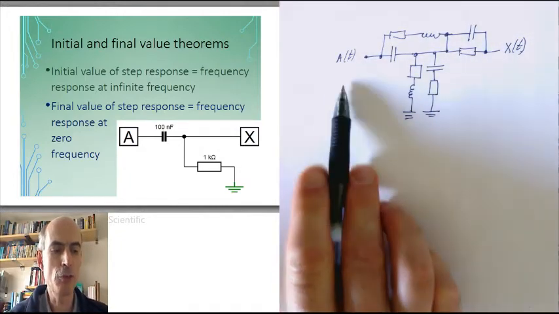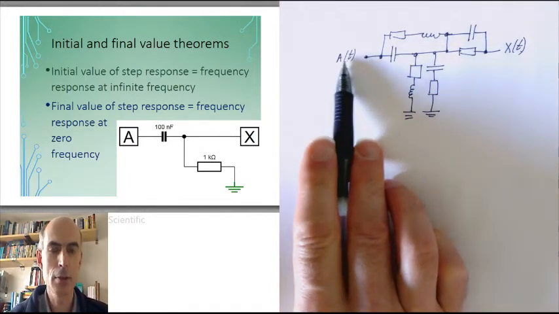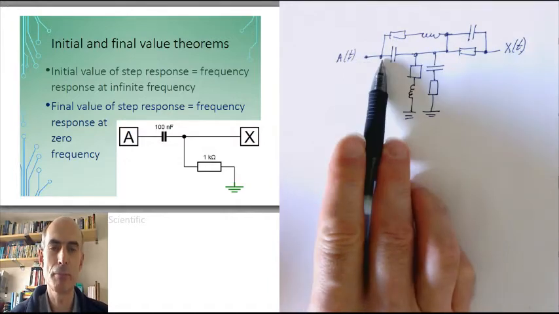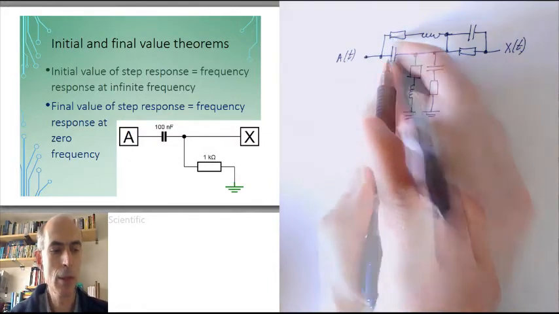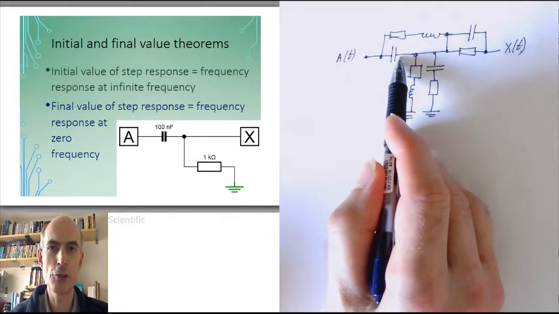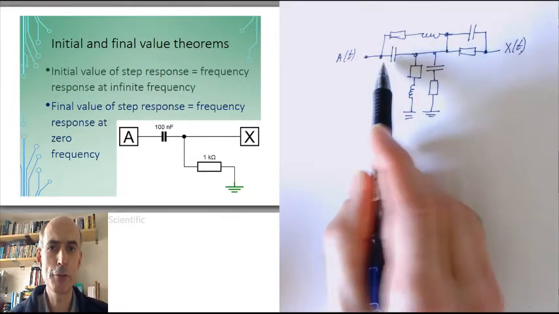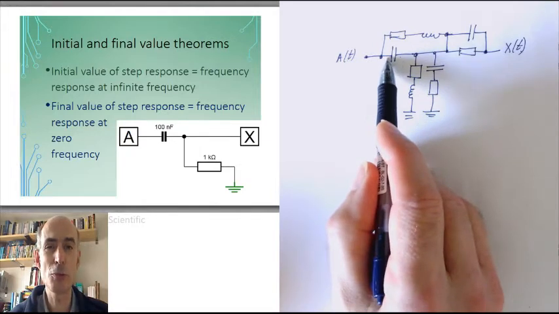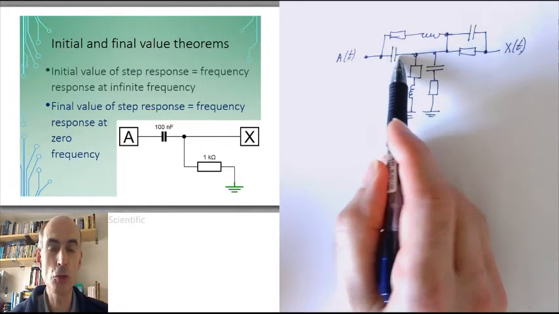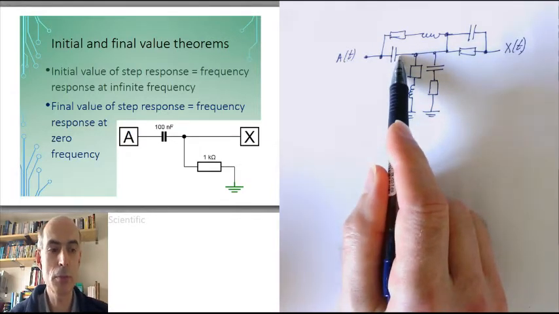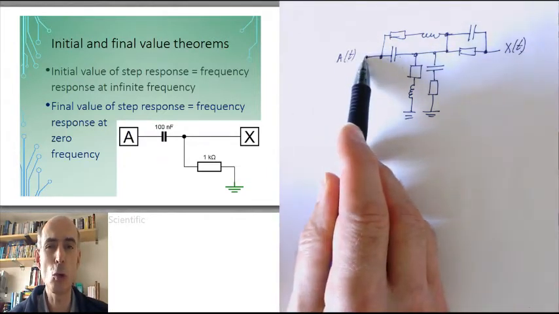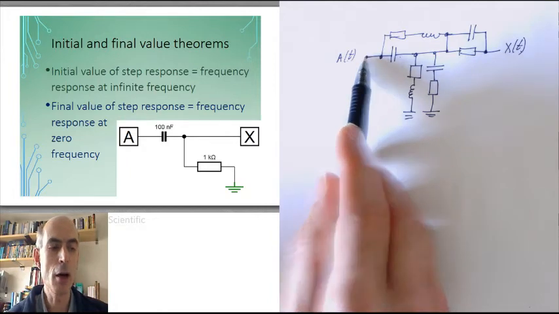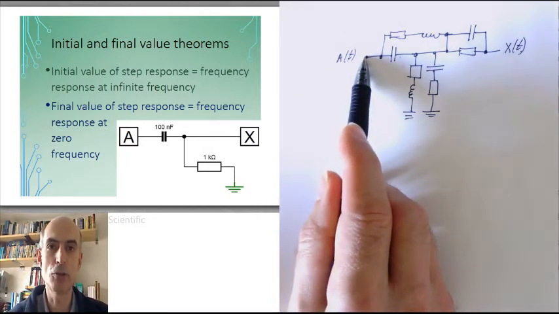Consider what happens just after the step has arrived. Well, just after the step has arrived, the voltage across the capacitors must be zero, because the voltage across the capacitors just before the step arrived was zero. Remember, by the definition of a unit step, it's been zero for all infinite time up until when the step arrives.